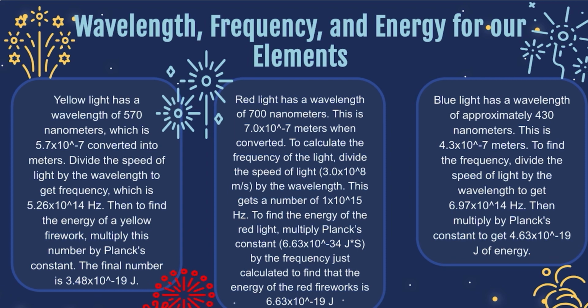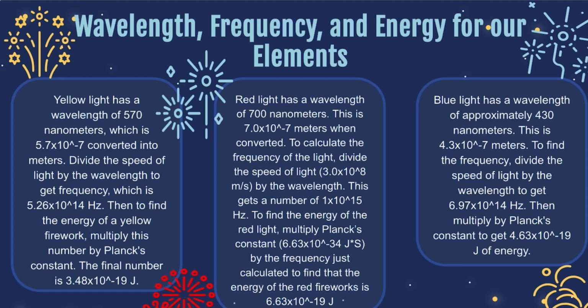Red light has a wavelength of 700 nanometers. This is 7.0 times 10 to the negative 7 meters when converted. To calculate the frequency of the light, divide the speed of light, 3.0 times 10 to the 8th meters per second, by the wavelength. This gets a number of 1 times 10 to the 15th power hertz.